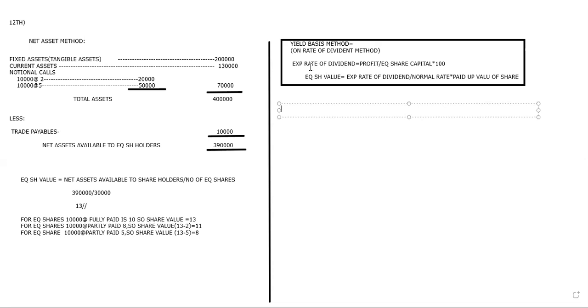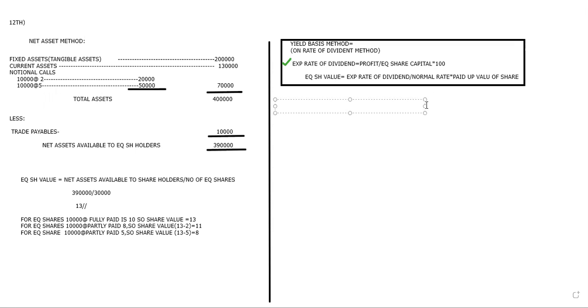So first, we have to get the expected rate, no? So that's why I'm going to use the first formula. This is the first formula. This is the next, second formula. So how am I going to use it? Expected rate. He gave us the profit, 46,000.